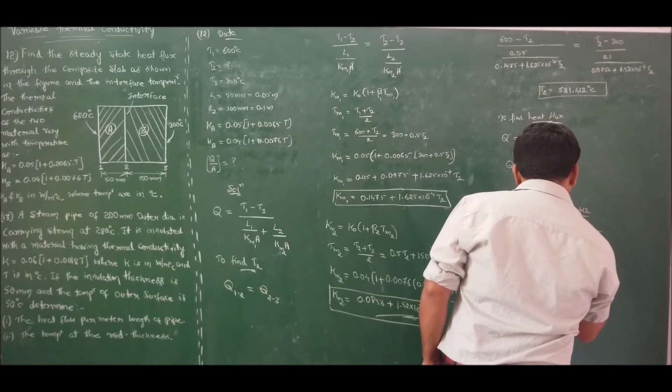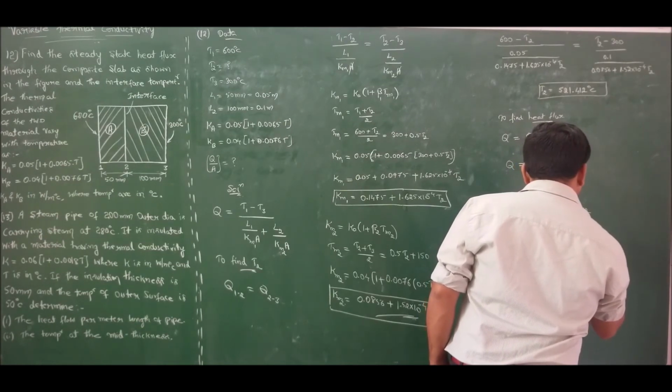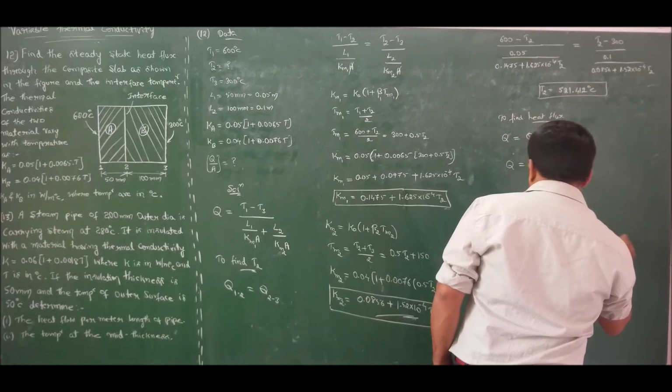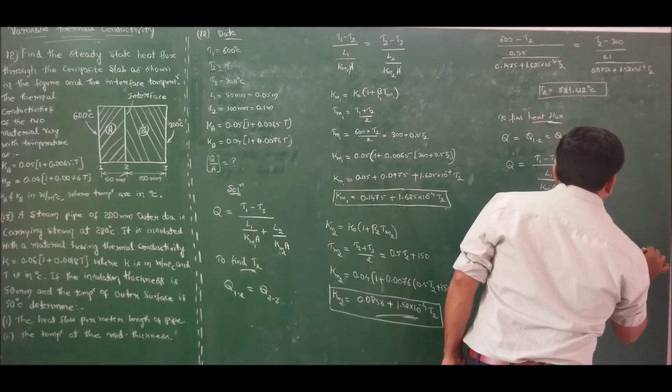K mean 1 is 0.1475 plus 1.625 into 10 to the power of minus 4 into T2, which is 521.412.